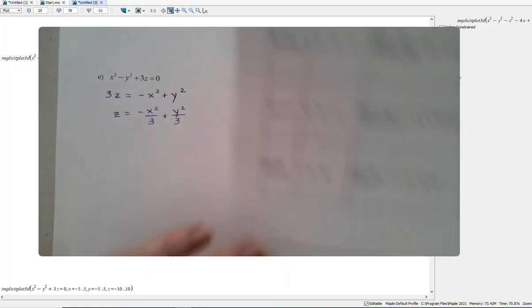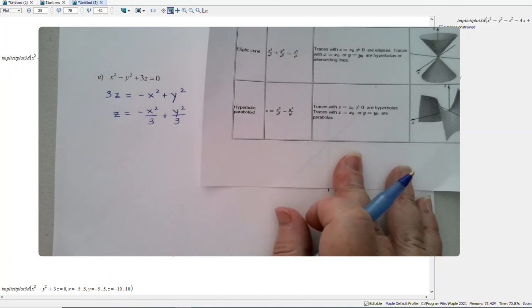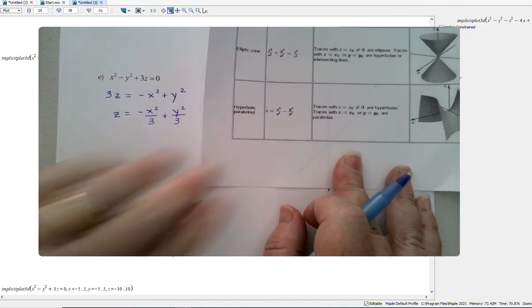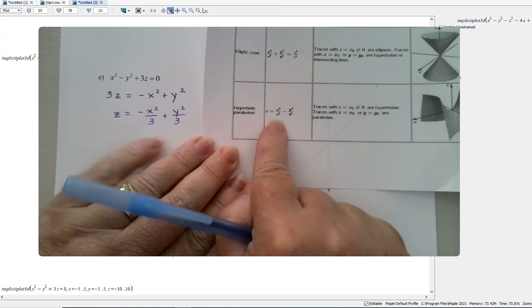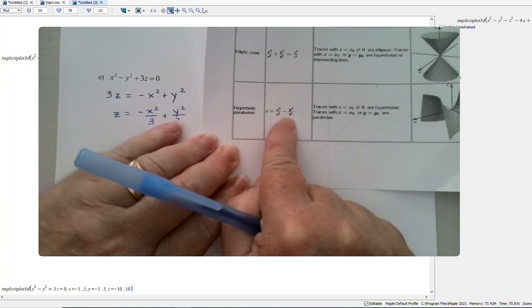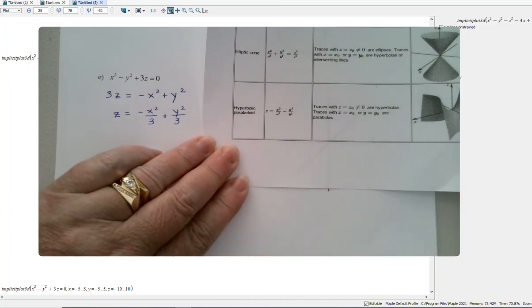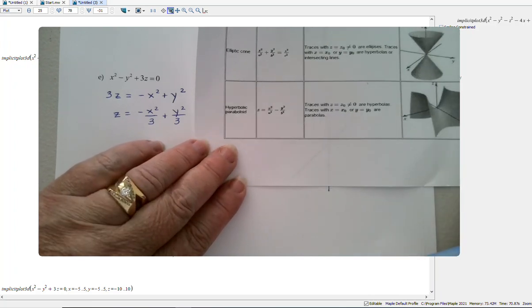All right, that is closest to this very last one, this hyperbolic paraboloid down here. Z equals, now my x and y signs are backwards, so my hyperbolic paraboloid is going to be oriented just a little bit differently, but it should have that same sort of saddle-like look to it when it's finished.